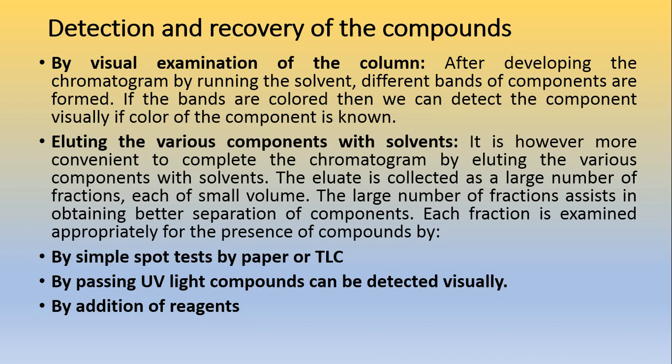So we can also use this type of reagents. So these methods, TLC method, UV light method, is a physical method where the chemical composition of the compounds of sample do not change, but in case of these reagents, the chemical composition changes. So it is a type of chemical method.